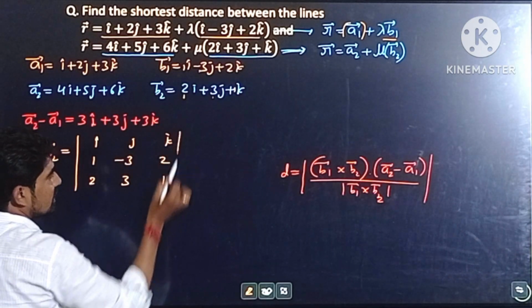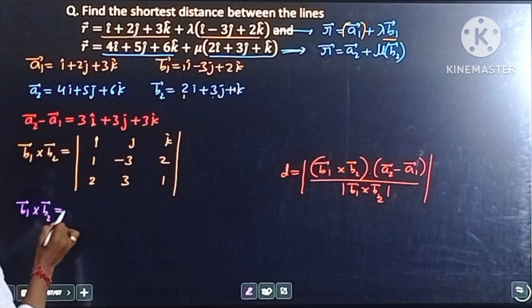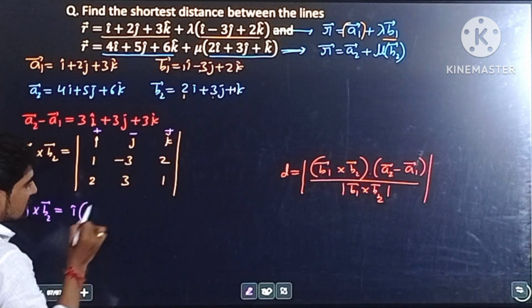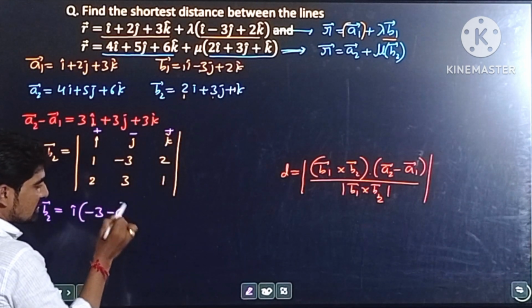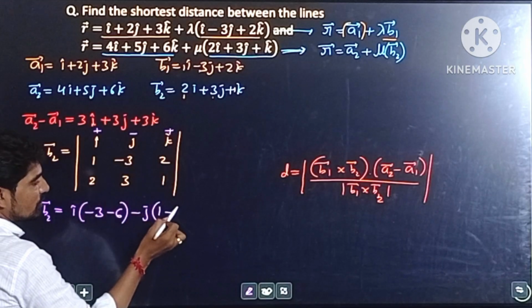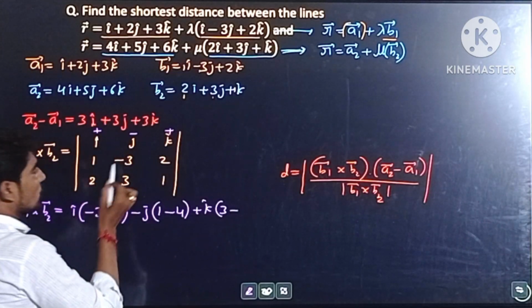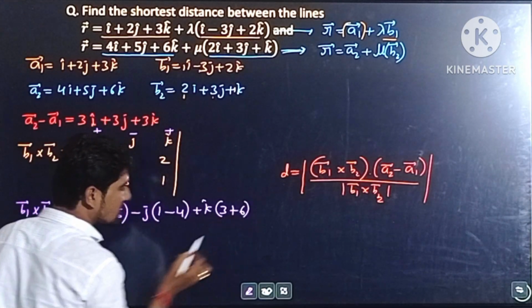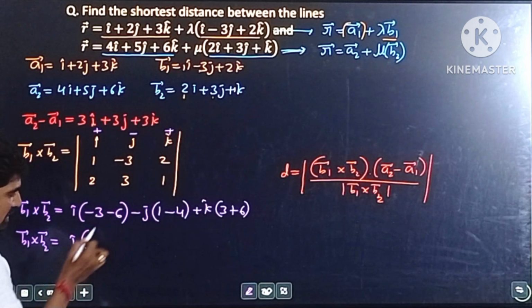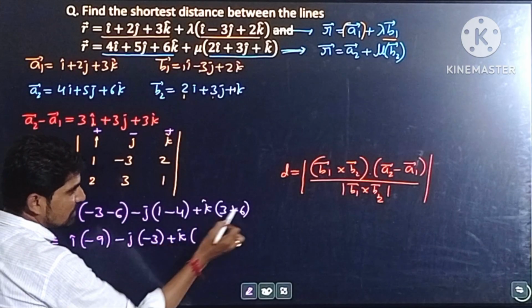With signs plus, minus, plus: i into (minus 3 minus 6) is minus 9; minus j into (1 minus 4) is minus 3; plus k into (3 plus 6) is 9.